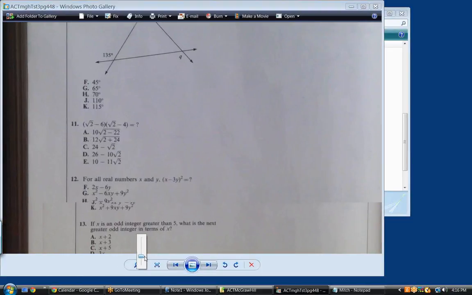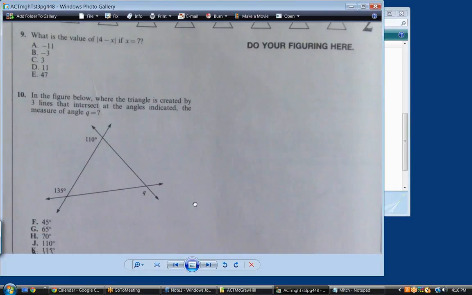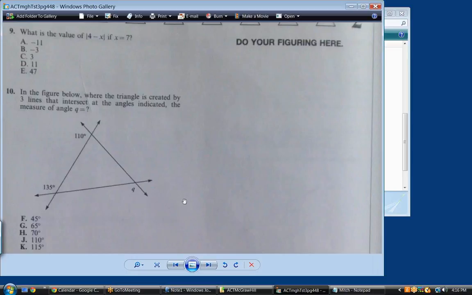I should have thought of this before. I think this is actually a great idea to work on time. I've never really known a good way to work on the speed aspect of these tests. So it'd be 3.